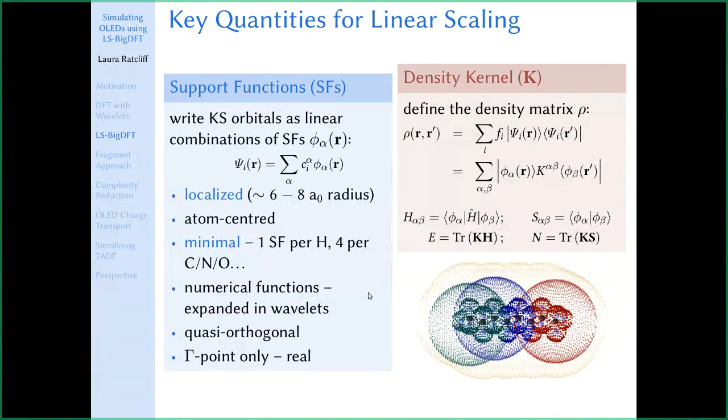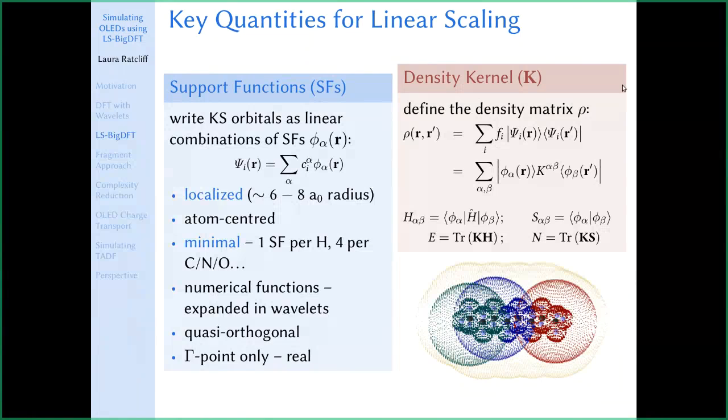And these are numerical functions which we expand in wavelets, so we end up with 2 levels of basis set. They usually have some resemblance to S or P or D-like functions. They're usually quasi-orthogonal when we work at the gamma point only, because we're interested in big enough systems. And this means the support functions can be real.